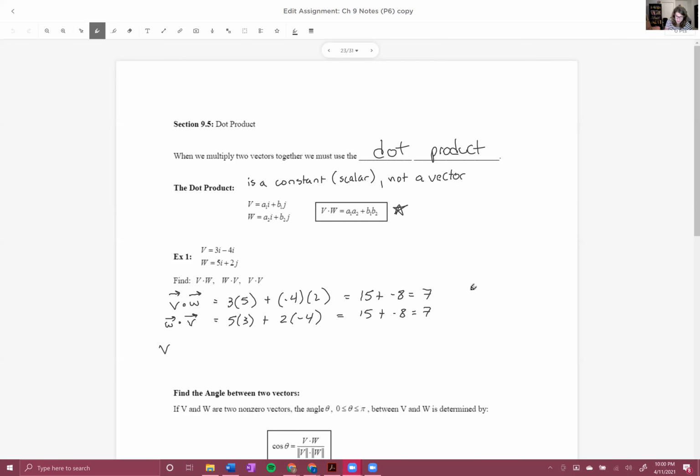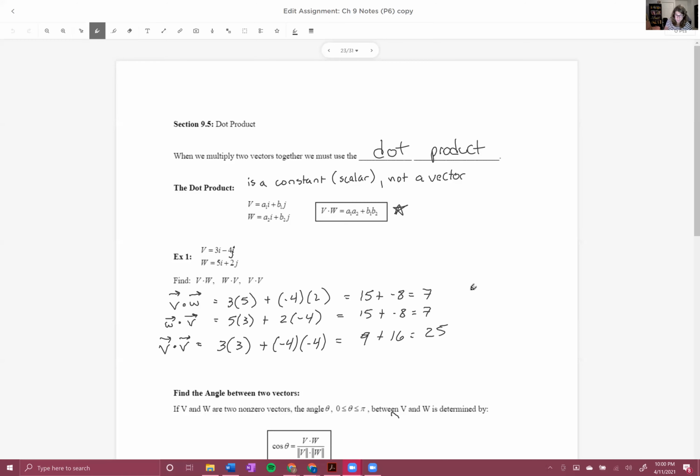If you do v dot v, we're going to take our v vector, which is 3, multiply it by the other i component, which is the same thing, and add our j components. Sorry about that typo, I didn't notice that, which is -4. So we're going to do -4 times -4. So that's 9 plus 16, which is 25.